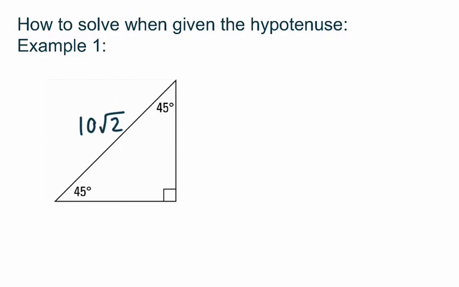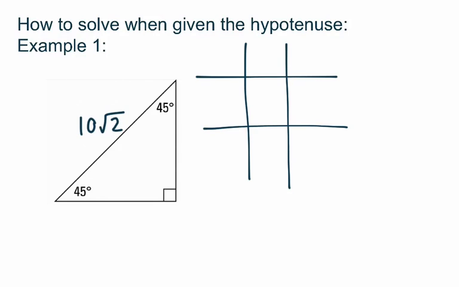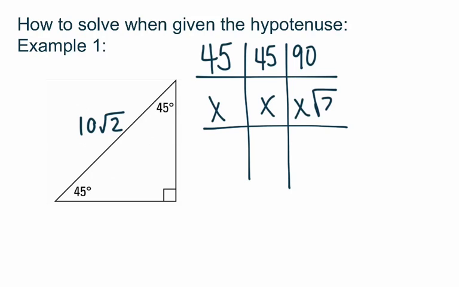Alright, so let's try when we're given the hypotenuse. Same grid formation, 45, 45, 90. It's still x square root of 2. This time we are given the hypotenuse, so we have 10 square root of 2. When we were going from left to right, we were multiplying.